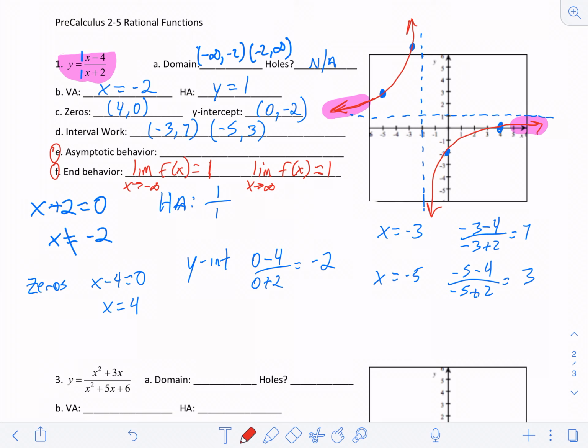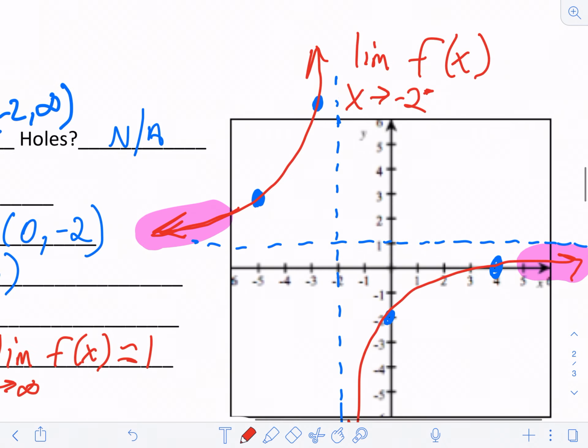The last thing we're going to look at is the other asymptotic behavior, where it gets closer and closer to this asymptote right here, this asymptote at negative 2. What happens? Well, the limit as x approaches negative 2, and I'm going to put a little minus up here. And this little minus means the limit as x approaches negative 2 from the left.